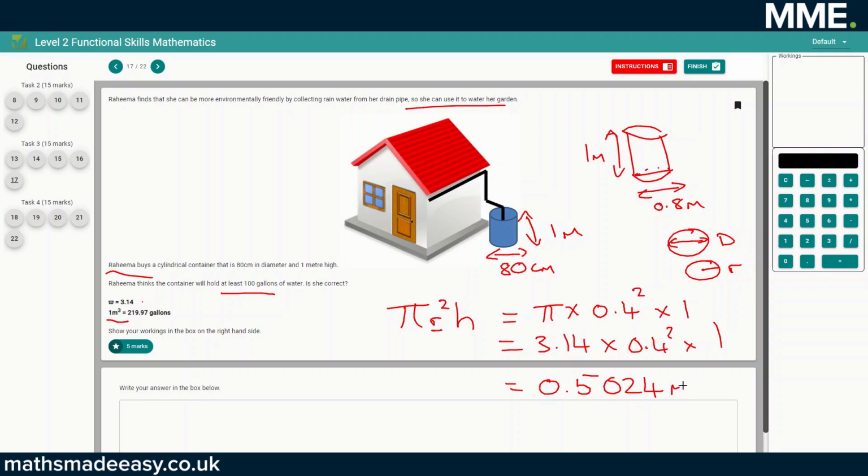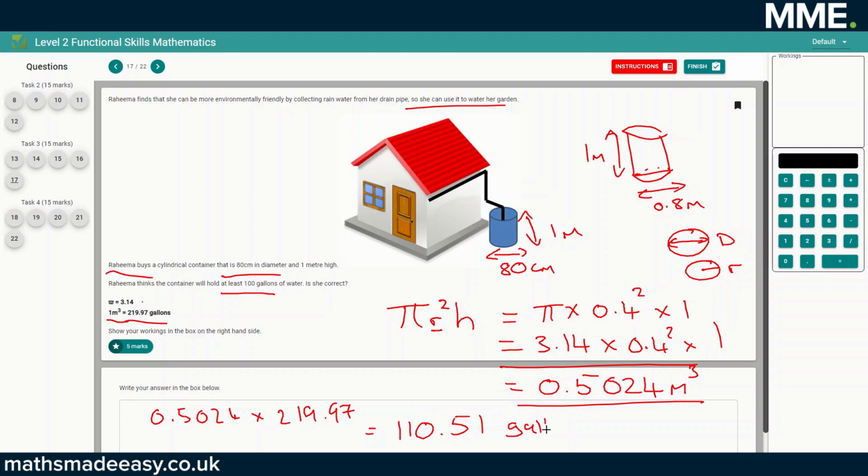Inputting that into a calculator, we find that the total volume is 0.5024 metres cubed. Now we have to compare this to 100 gallons, so we're going to have to convert this first of all to gallons, and we get given the conversion factor in the question. So what we just need to do is multiply this term by 219.97, and typing that into the calculator, it should come out as 110.51 gallons.